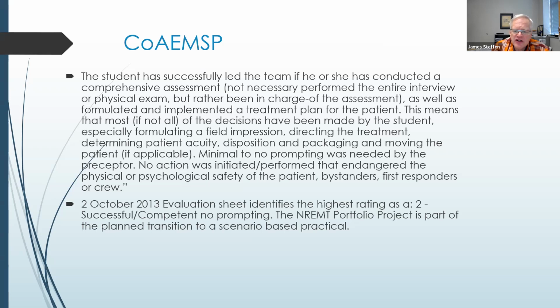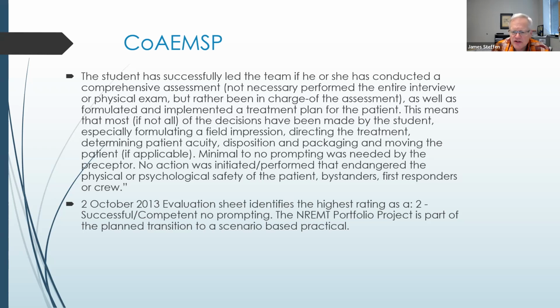This is a definition of a team lead for COE, who's our accrediting body, right? Basically, the real goal of this is for the paramedic student to develop a plan to effectively manage a patient, including field impression, directing the treatment, disposition, and how to move the patient with minimal to no prompting by the preceptor.